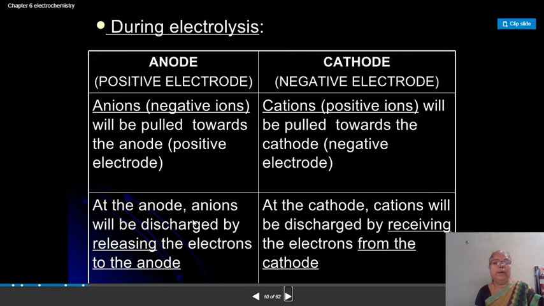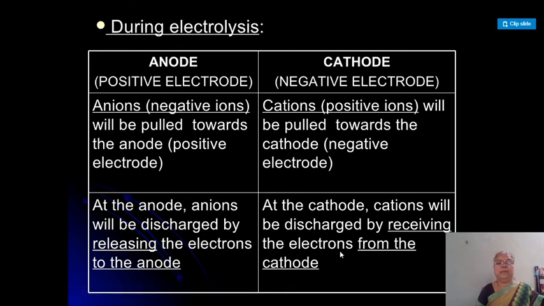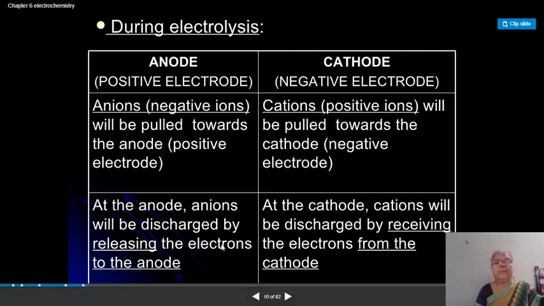And at the cathode, cations will be discharged by receiving the electrons from the cathode. These are the two phenomena which occur at the anode and cathode.